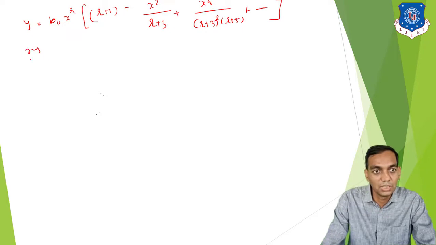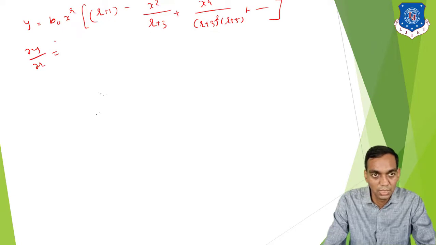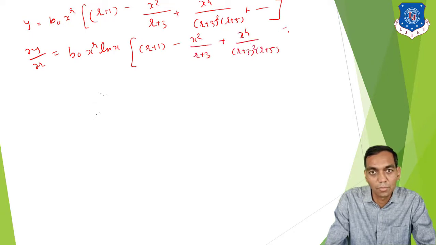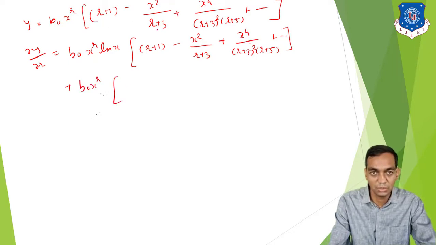So if you are differentiating with respect to r, then you have to apply product rule. In first, b0 x raised to r has a derivative x raised to r into log x. This bracket remains as it is. And plus b0 x raised to r as it is, and you have to differentiate these terms with respect to r.